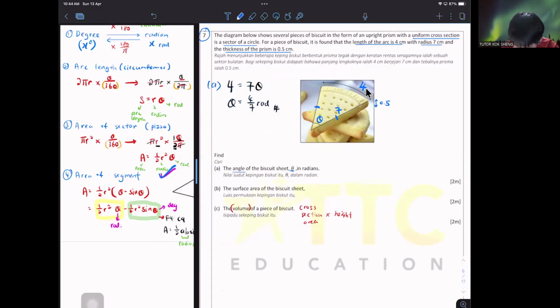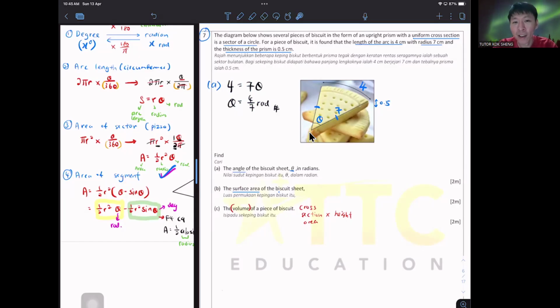Okay, next. The surface area of the biscuit. The wording here doesn't really emphasize which part to find, because it says the surface area of the biscuit. So for me, I would think of every single surface of the biscuit, which means for this picture you actually have 5 surfaces.